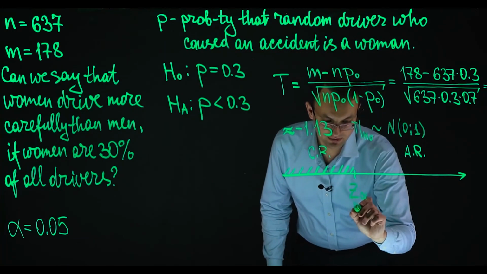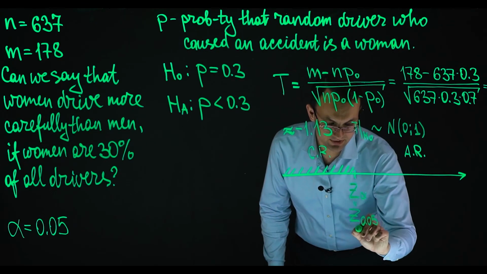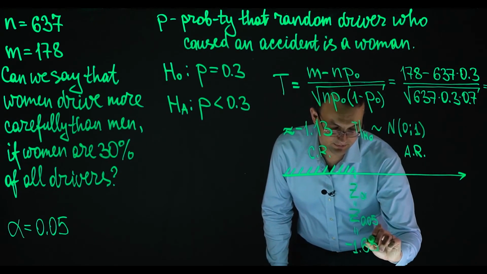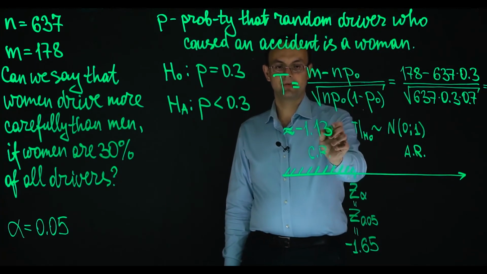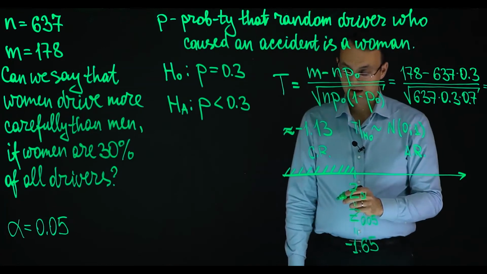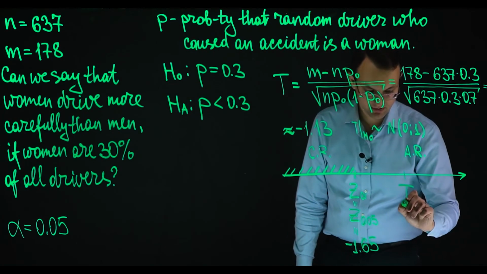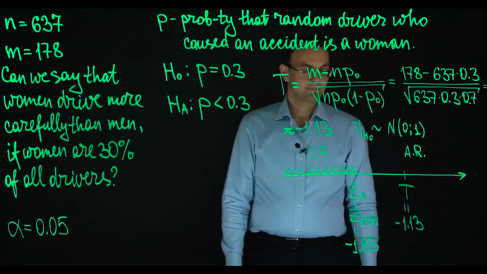So the quantile of the level 0.05 is equal to minus 1.65. And the observed value of the test statistic is minus 1.13. So this is our t equal to minus 1.13.